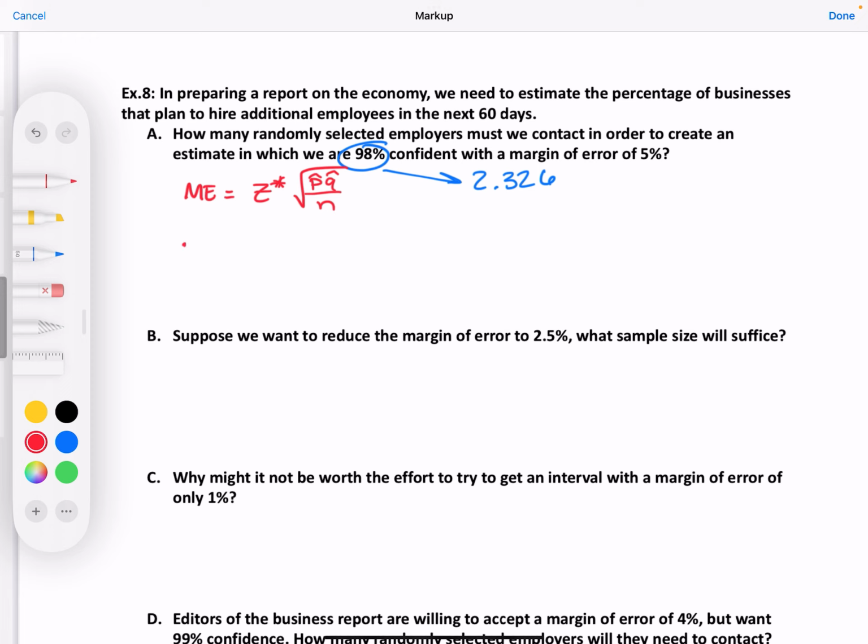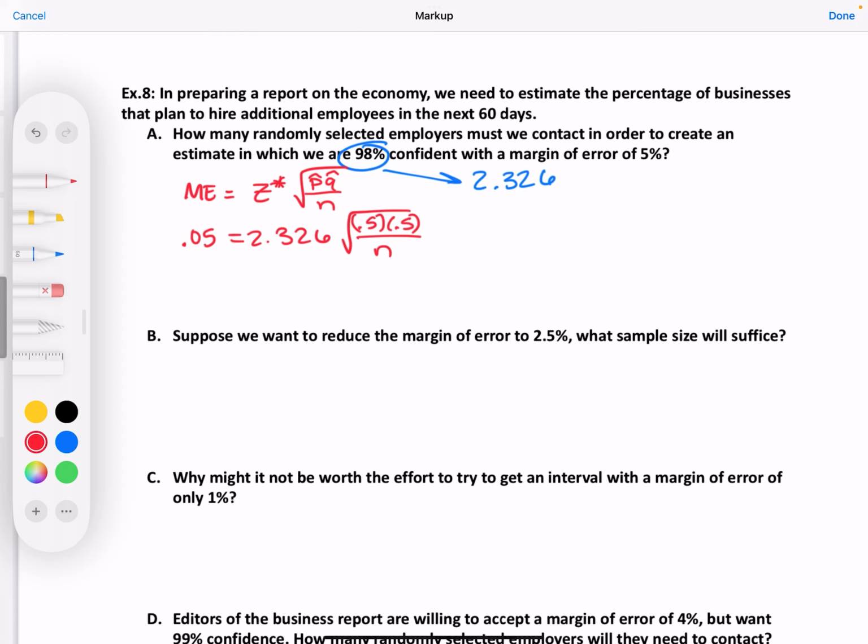So 0.05, because margin of error is 0.05, is equal to 2.326 times the square root of p hat q hat. It doesn't tell us, so remember when they don't tell us, we're assuming it's 50-50. So 0.5 times 0.5 divided by n. And then we just have to solve this equation.